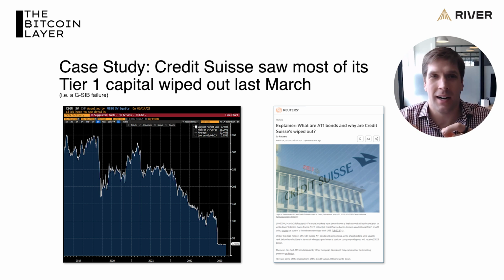There were a couple of haircuts, and a lot of pieces went to different parties in the ultimate deal workout. But the nuts and bolts of what happened is the Tier 1 capital was just eaten through. Common equity decayed down to zero, and AT1 bonds were wiped out. There's not much left after that, besides your retained earnings, your reserves, the furniture in the building, if you will.